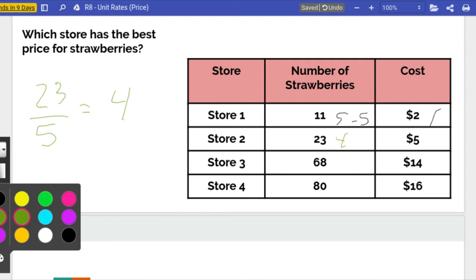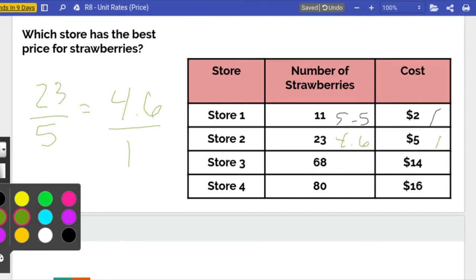So 4.6 strawberries per dollar. Again, all I did was divide to get to 1. I would have 4 3/5, which is 4.6 over 1.